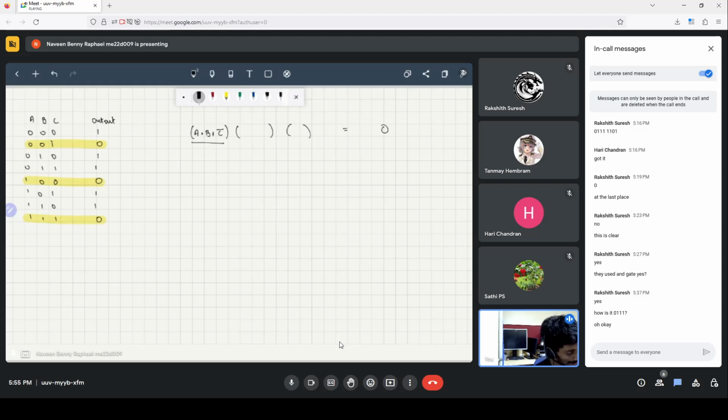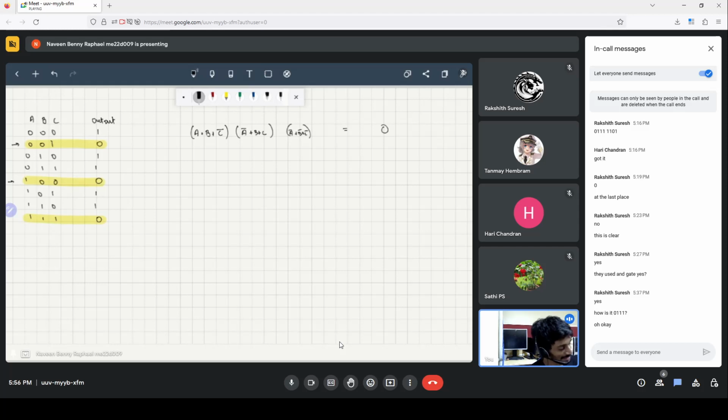A plus B plus C prime is only 0 for this Boolean combination. Similarly, A negation plus B plus C is only 0 for this combination, and likewise A negation plus B negation plus C negation is only 0 for this one.